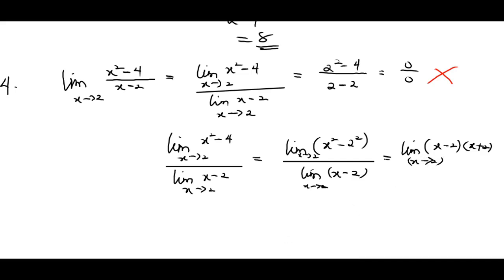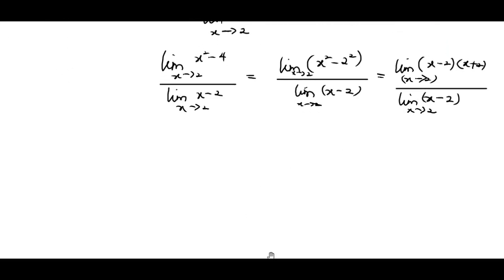All right? All over the limit of x minus 2 as x tends to 2. Now that you have this, you can use product law for the numerator and split them.